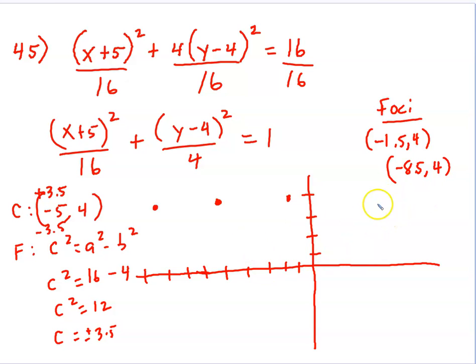All right, now the vertices. a squared is 16, so that means a is 4. So for the vertices, we're going to go back to the center and we're going to go right 4, which changes color. That would be right there.